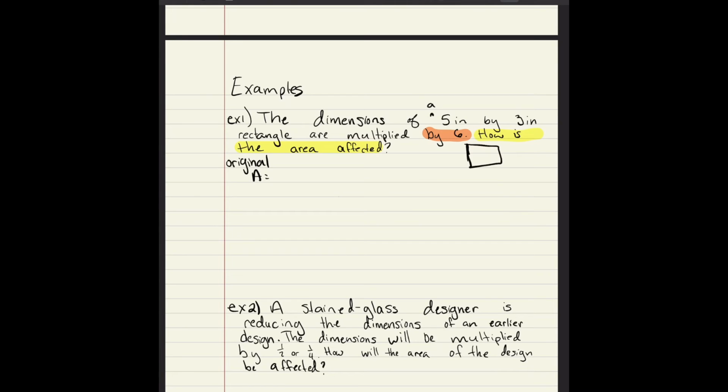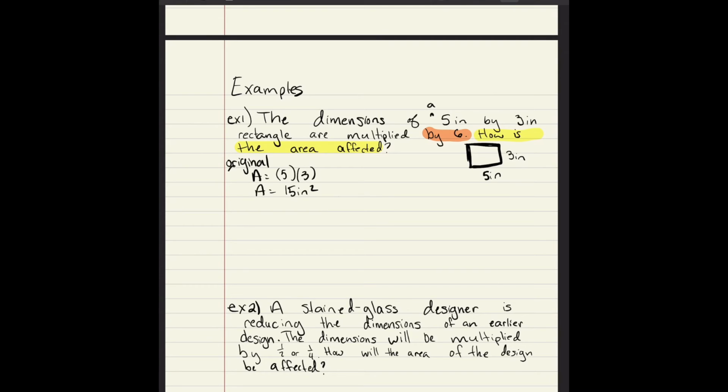You can even draw a little shape over here. I have 5 inches by 3 inches. So my base is 5 times my height, which is 3. So my original area is 15 inches squared.